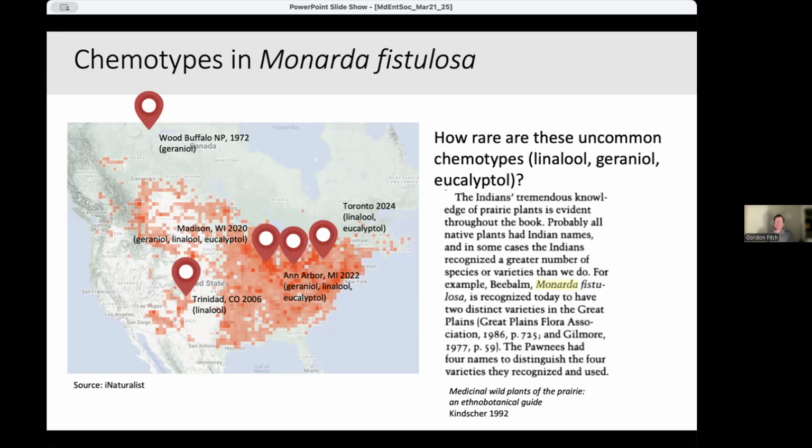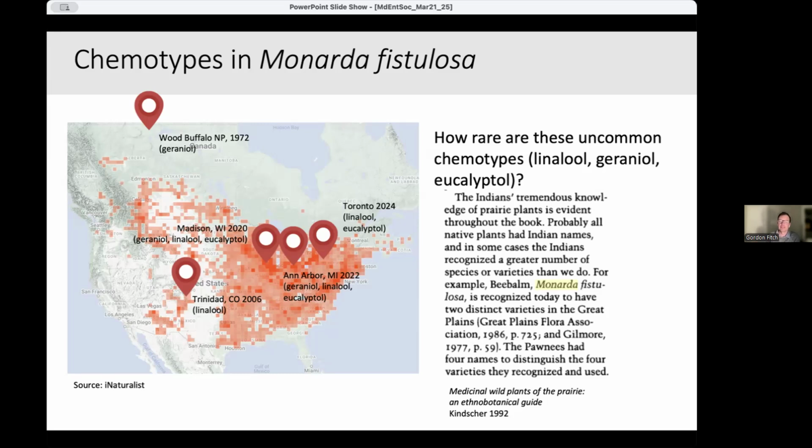And just a cool aside here, I think we're thinking this is this cool new discovery that we've made, and then there's this ethnobotany book that came out in 1992 that points out that indigenous peoples in the Great Plains had 4 different varieties of Monarda fistulosa that they recognized. I don't know for sure.